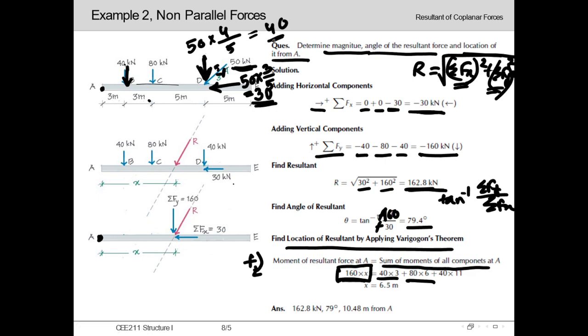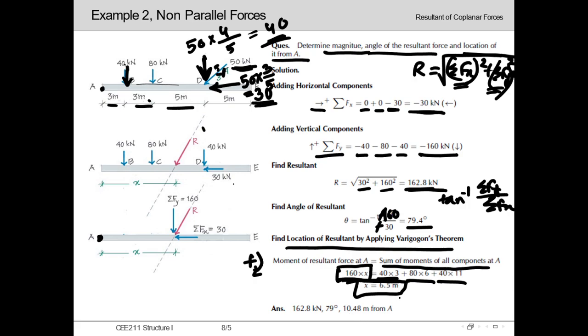The perpendicular distance will be 3 plus 3, 6, plus 5 is 11. So 40 into 11. From this equation we will get the value of x as 6.5 meters.